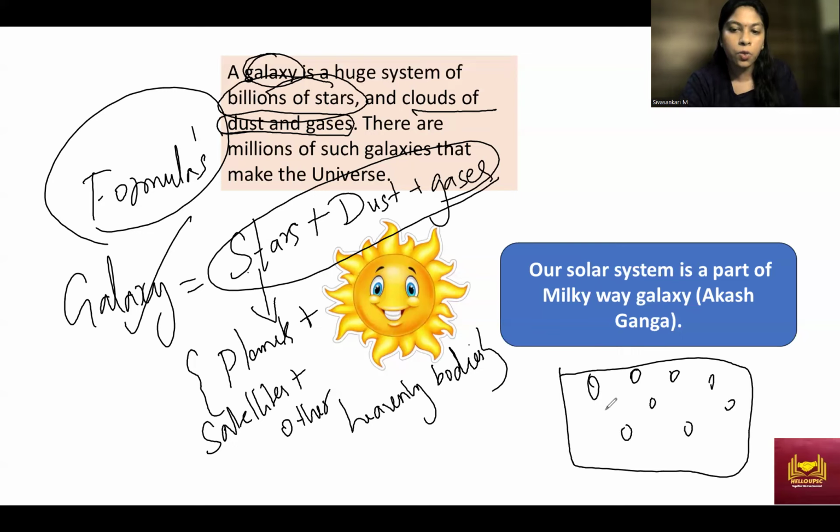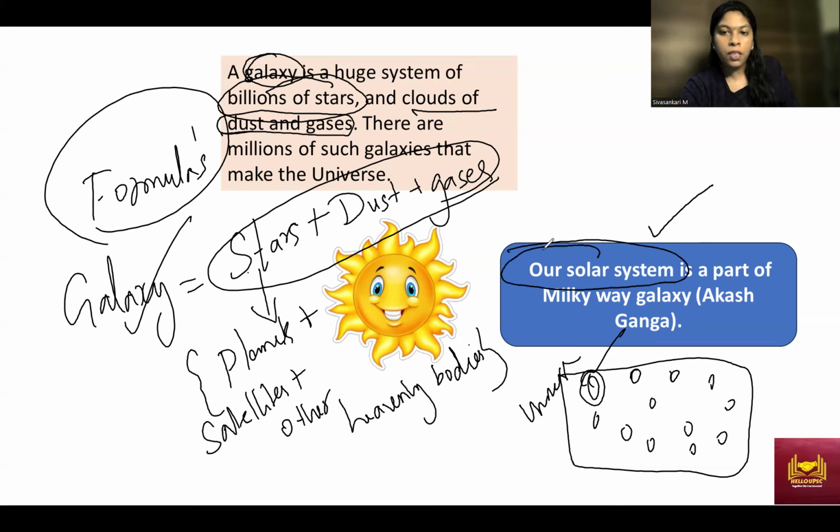Each galaxy consists of planets, satellites, other heavenly bodies, stars, gases, and dust. This much is in one galaxy, but there are many more galaxies inside a single universe.